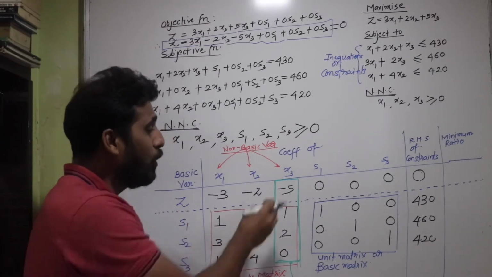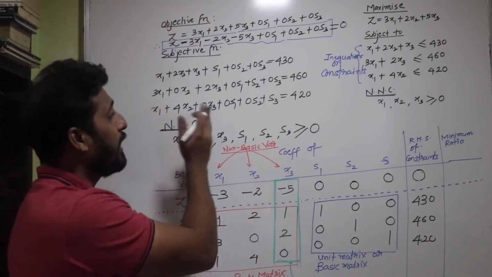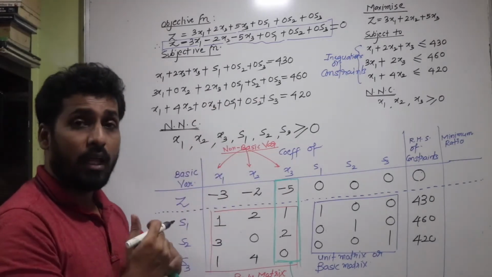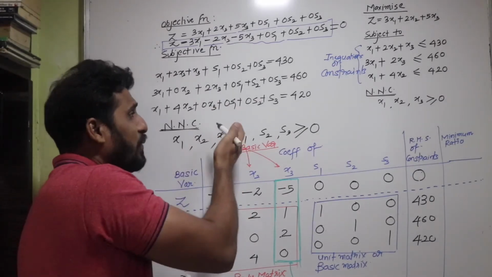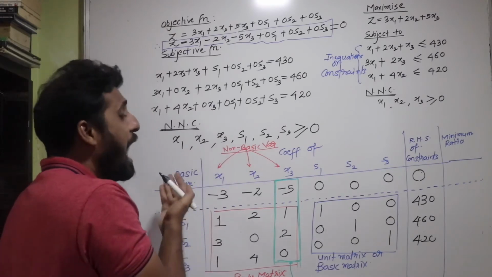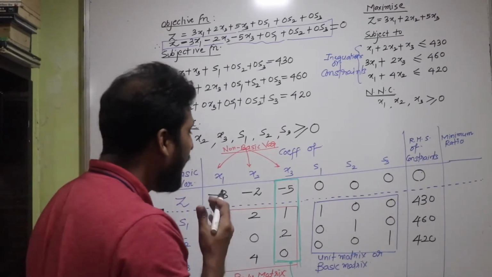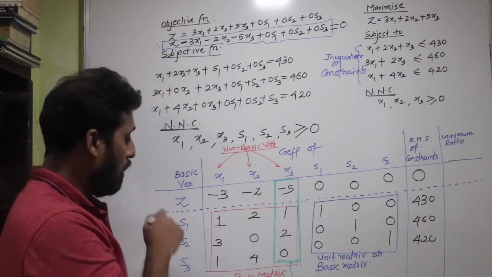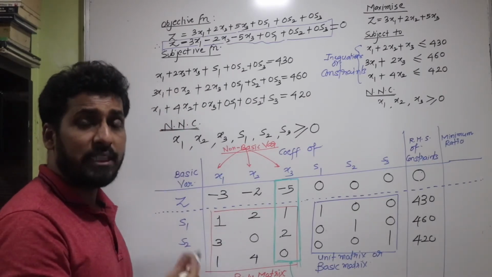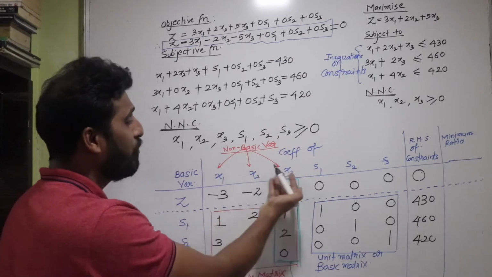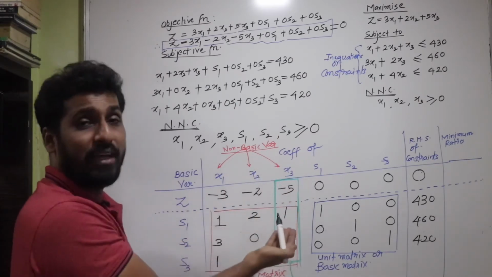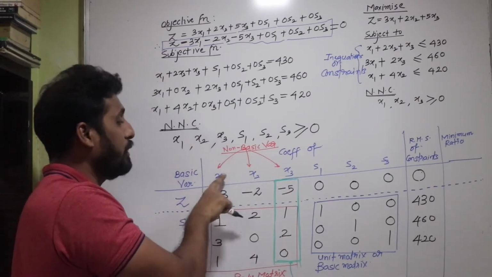See, now I've decided who is going to come in, isn't it? S1, S2, S3, these were the basic variables. But taking S1, S2, S3 as the basic variables, I have not reached the maximum value of Z, isn't it? So I need to replace S1, S2, S3 with the new basic variables, which are going to come from x1, x2 and x3.